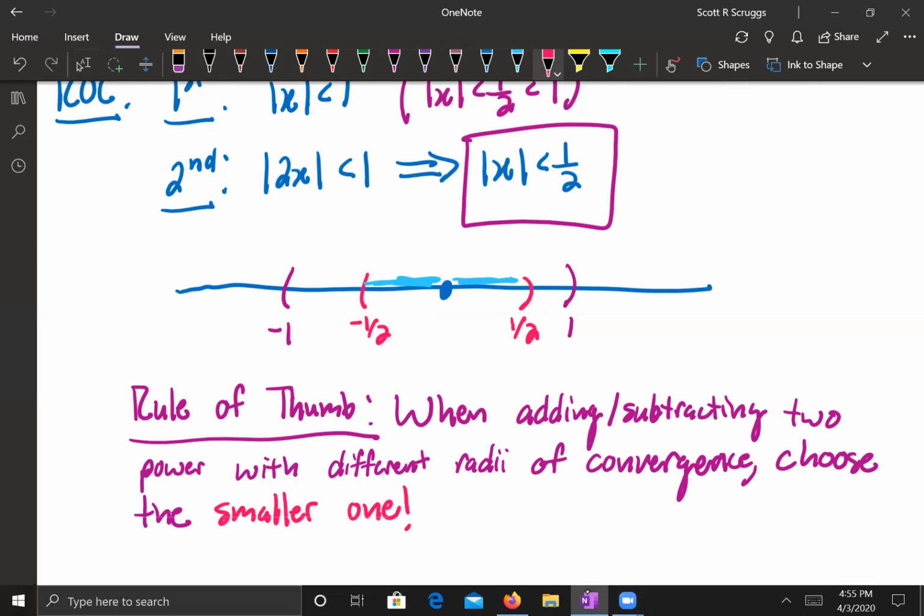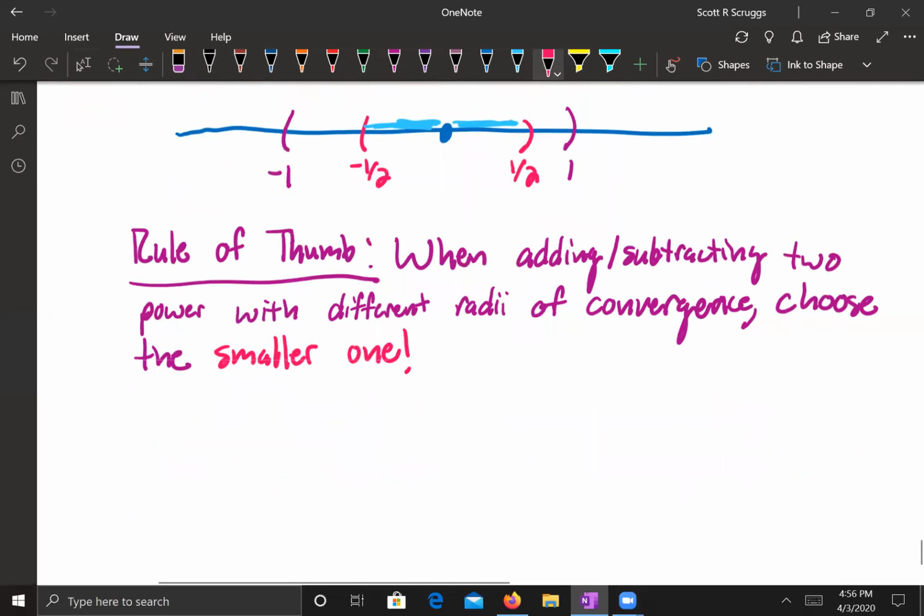That's because that's going to guarantee us that we have convergence for both of those power series when I add or subtract. So for this problem, my radius of convergence is going to be 1/2.